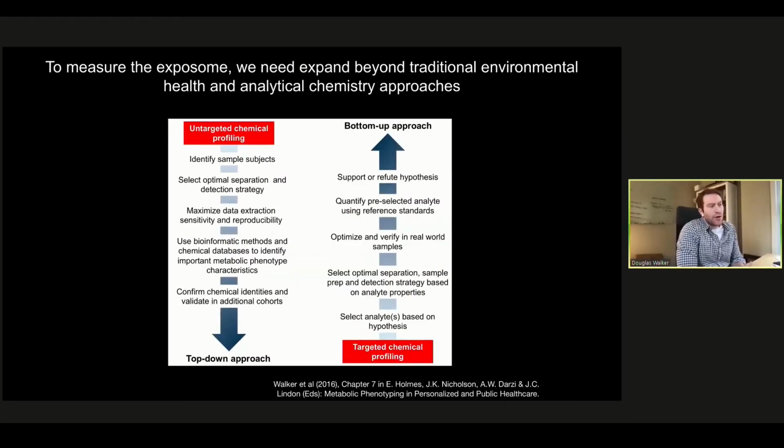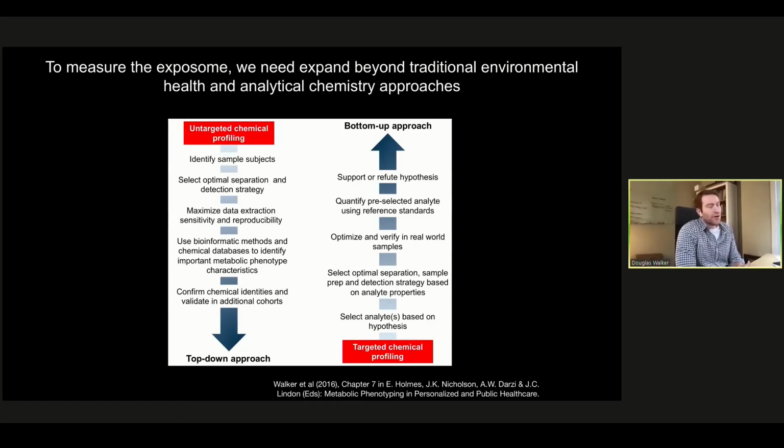Now, as mentioned before, we know that the exposome is considerably larger than that we can measure using traditional analytical approaches based upon targeted analysis. And so to truly measure the exposome, the analytical methods that we develop need to expand beyond traditional approaches that are used for biomonitoring specific levels of environmental exposures.